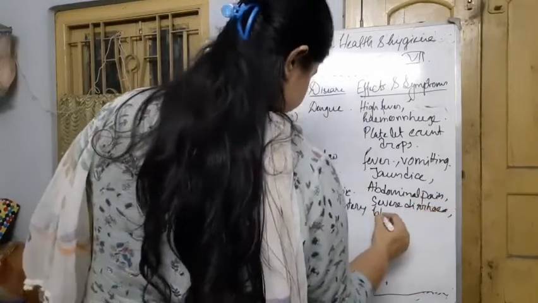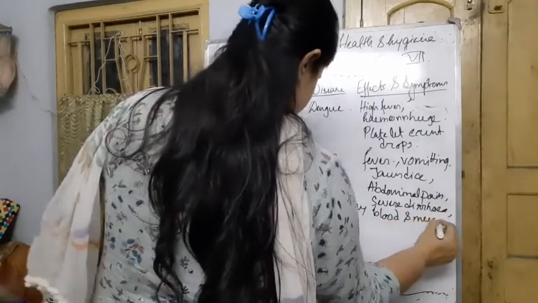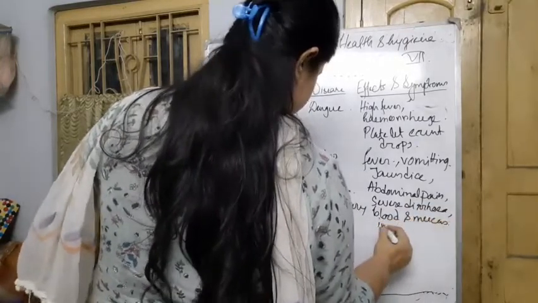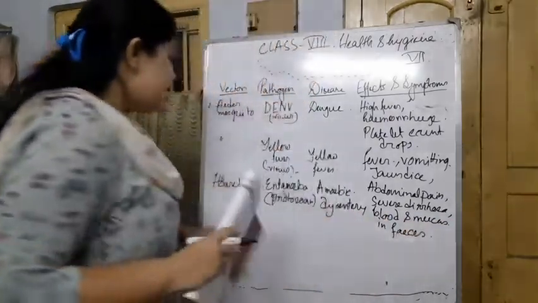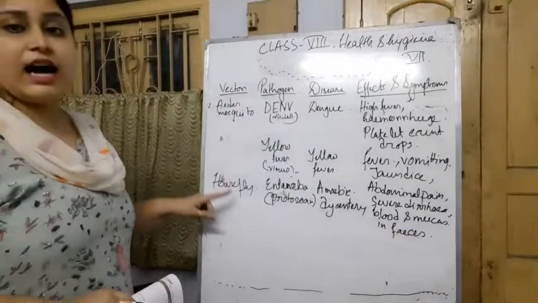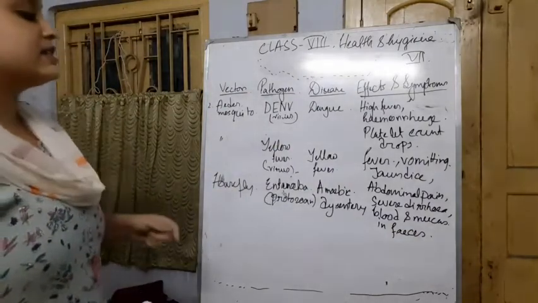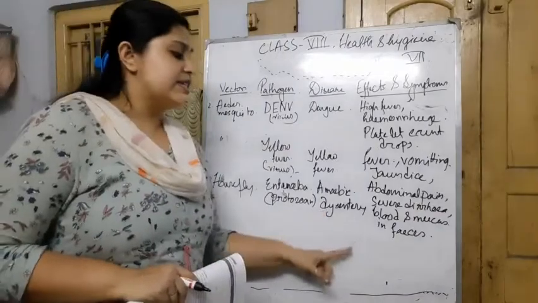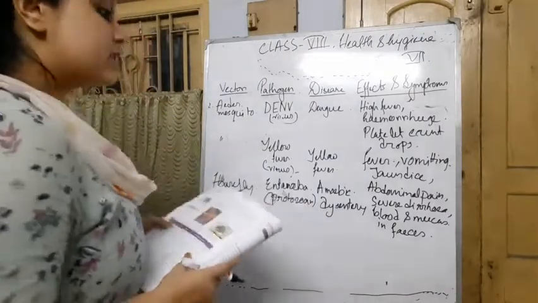Next, blood and mucus in the feces. The vector is the housefly, the pathogen is Entamoeba, and the disease is called amoebic dysentery. Here loose motion can be seen, okay, that is why it is called like that.